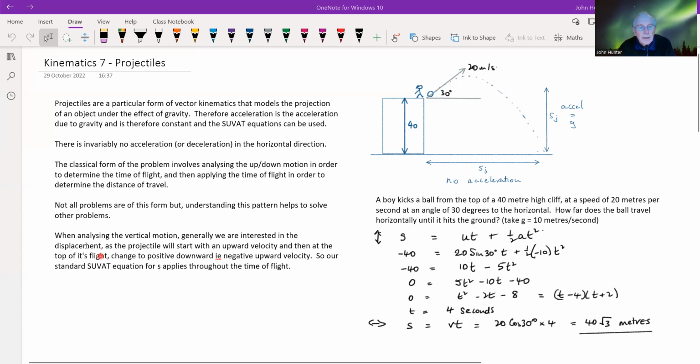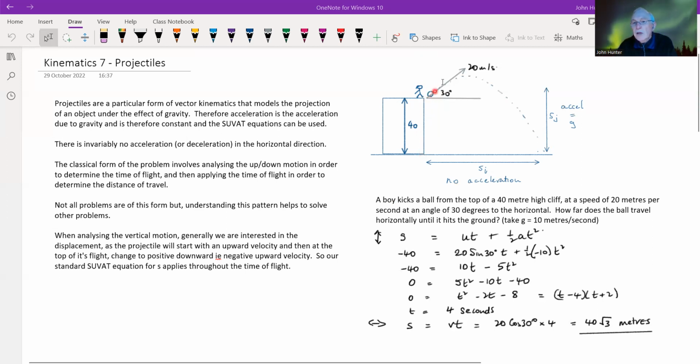One important thing is this is really where the difference between displacement and distance comes in and works, largely speaking, to our benefit. Because when we're looking at the vertical motion, we're interested in displacement. Assuming our positive is upwards, the displacement here would be negative.